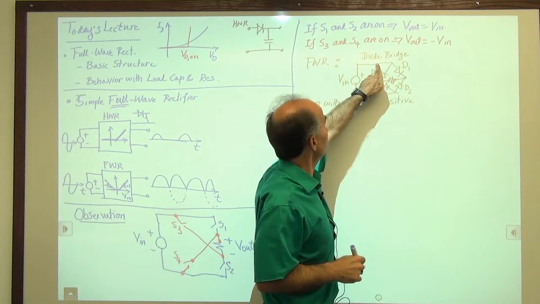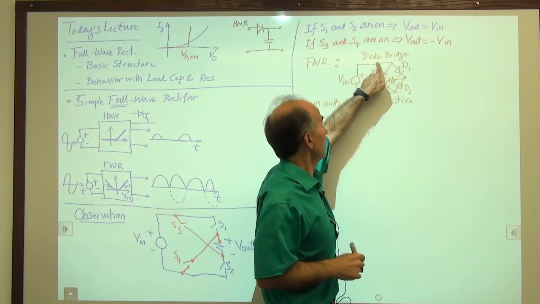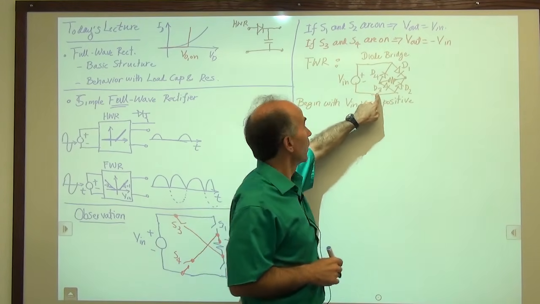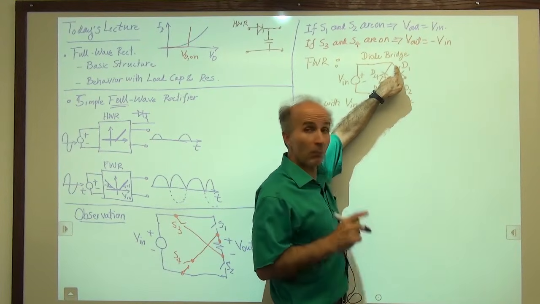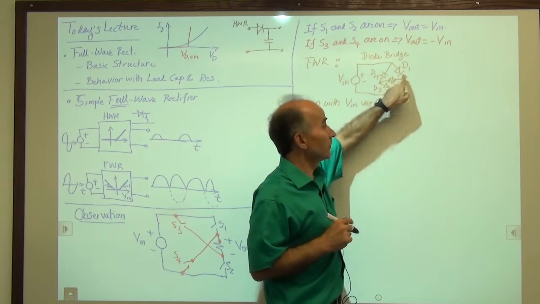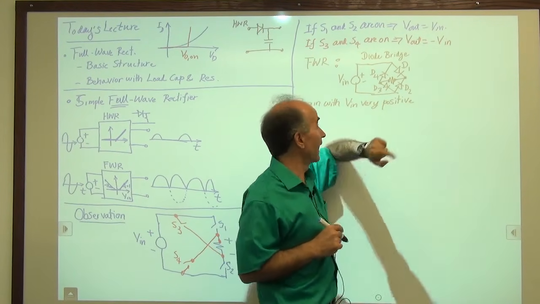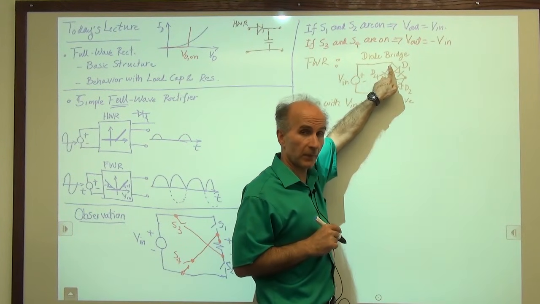We say that this voltage is more positive than this voltage. So let's say this is 10 volts more positive than this. Okay, well, that means that this voltage is very positive. So my guess is that D1 will be turned on, and D4 will be turned off because this side is very positive.